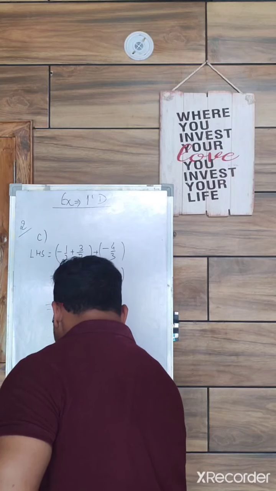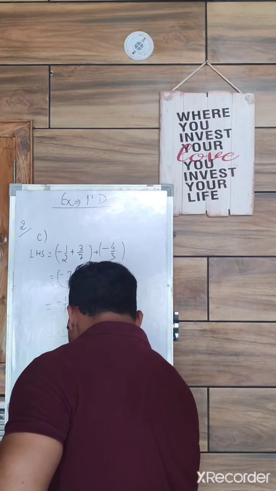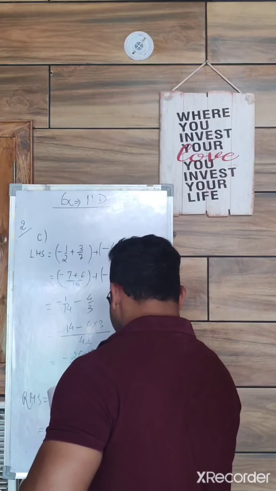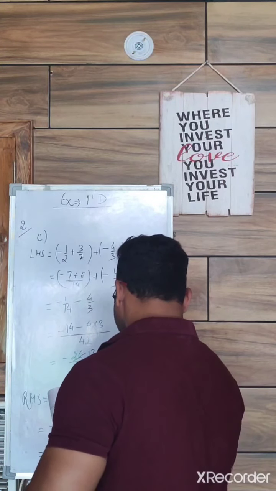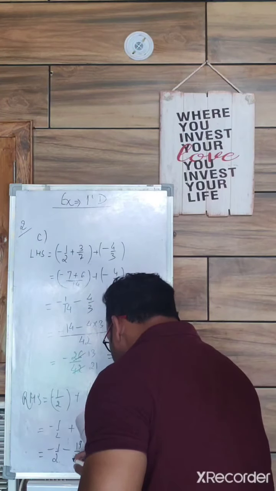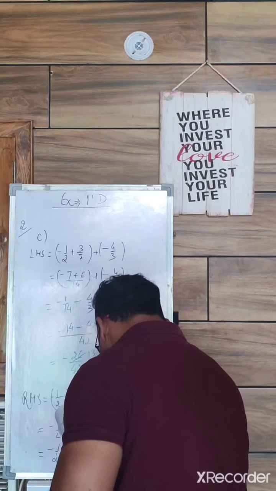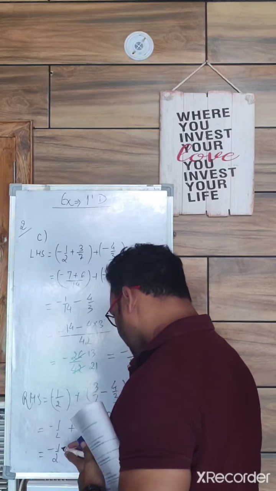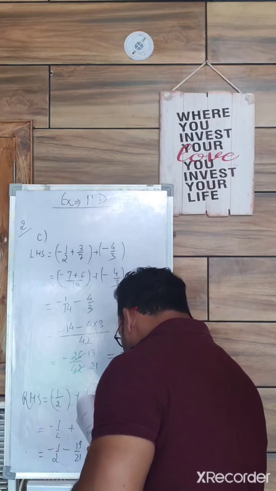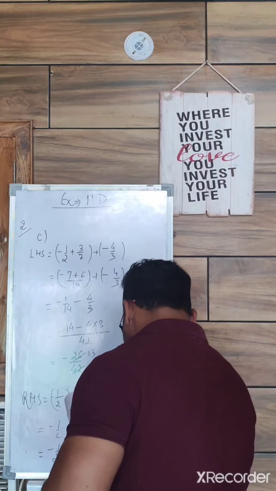Minus 1 by 2 minus 19 upon 21. So LCM when you will take, you will get 42. So minus 21 minus 38 upon 42.